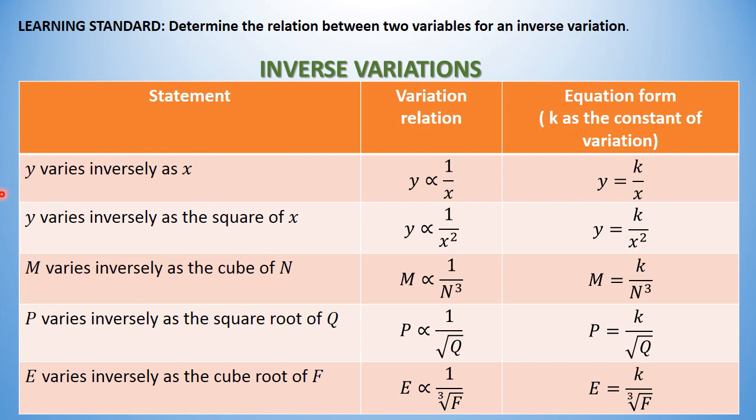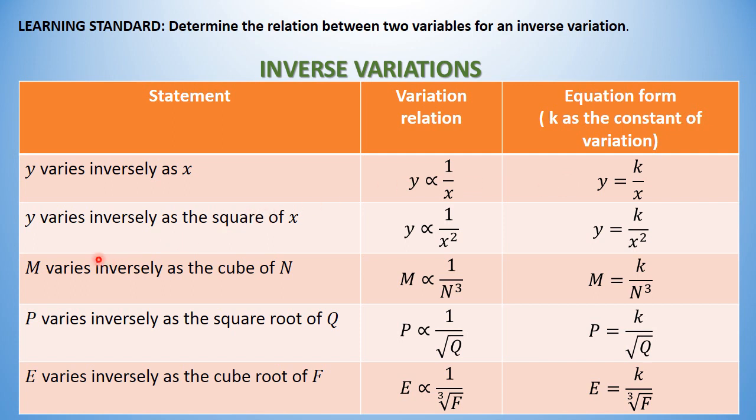The first one, y varies inversely as x. If you write it in variation relation form, you write it like this, by using this symbol. Then if the variation relation is changed to equation form, you have to write y equals k over x.